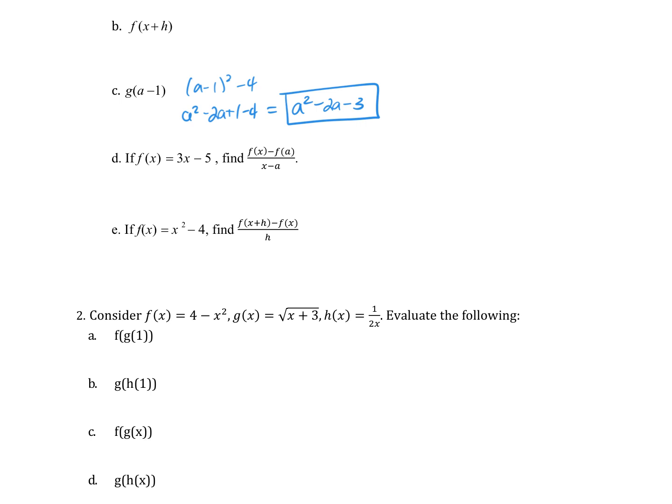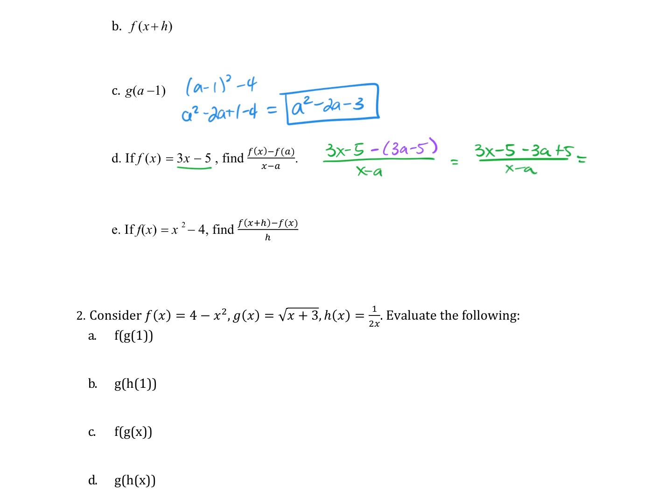Okay, letter D. So f of x is 3x minus 5. f of a is basically you just replace x with a, so 3a minus 5, all of it over x minus a. So you have 3x minus 5 minus 3a plus 5.